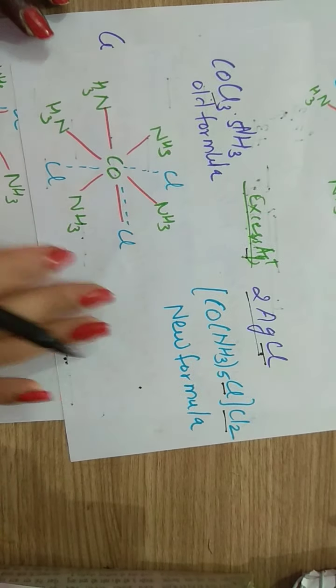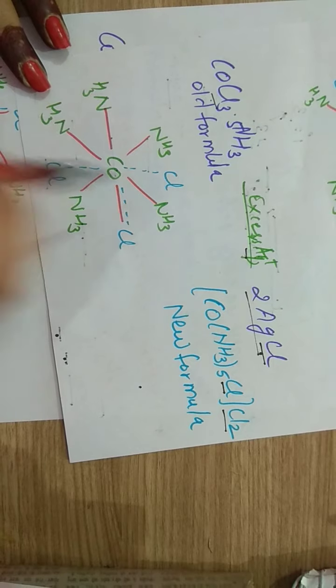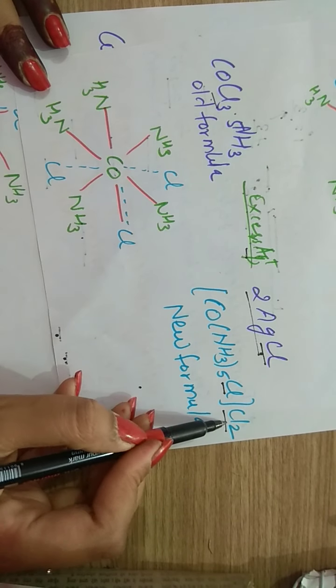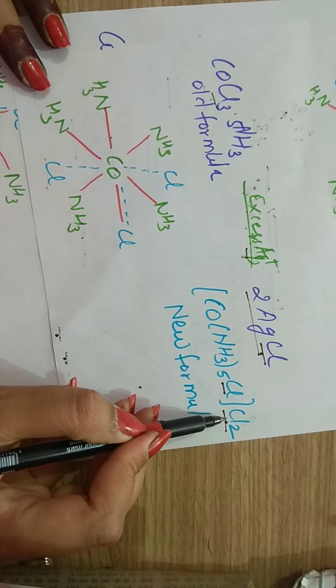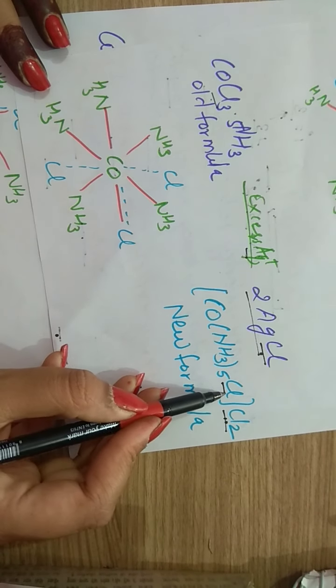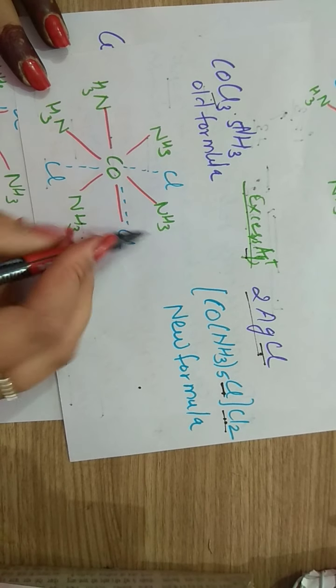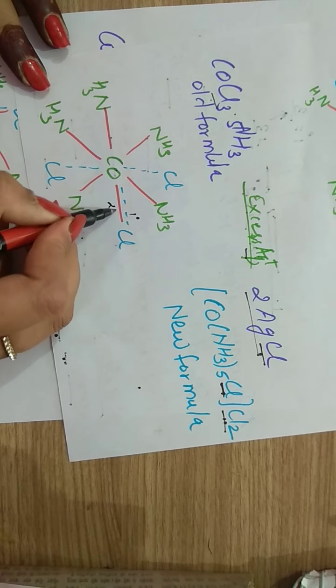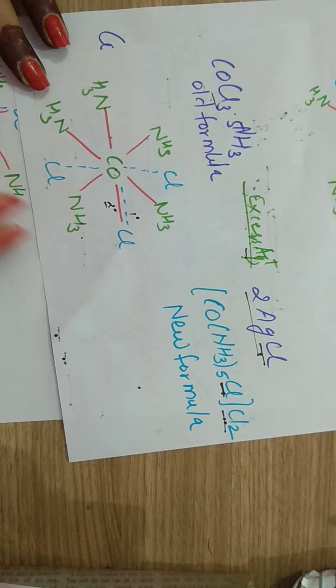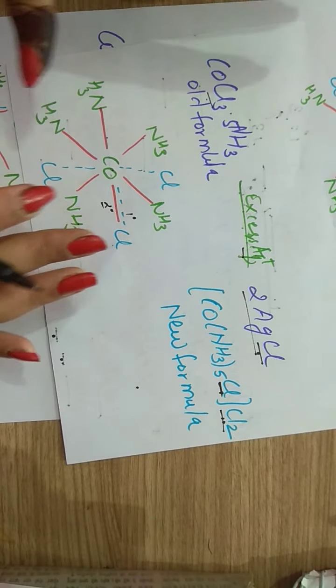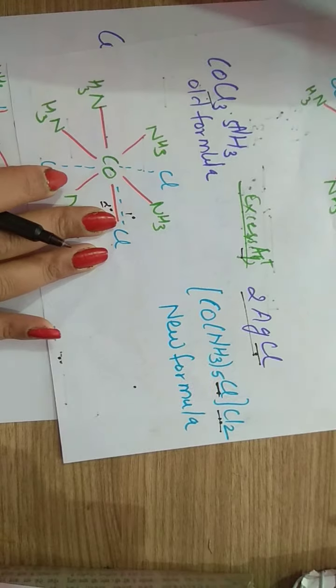So the structure of this compound could be shown in this manner, in which these 2 chlorine atoms are written outside the bracket, and this chlorine atom which is inside the bracket is shown by this line. This is primary valency and this is satisfying secondary valency. This is not ionized. This is how he explained the structure and bonding of these 2 compounds.